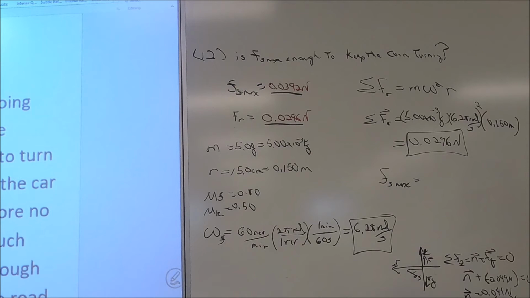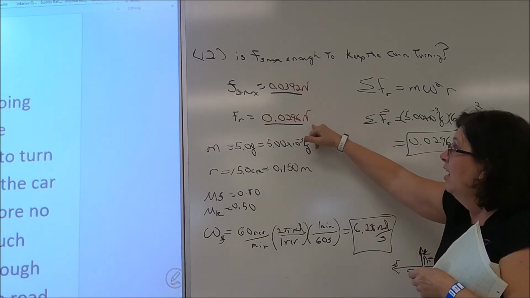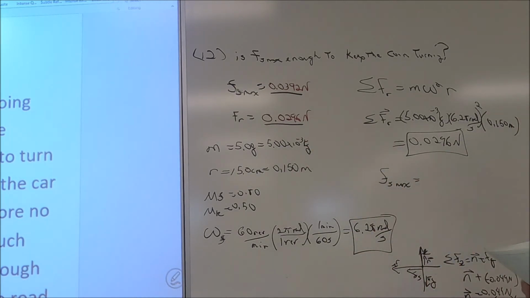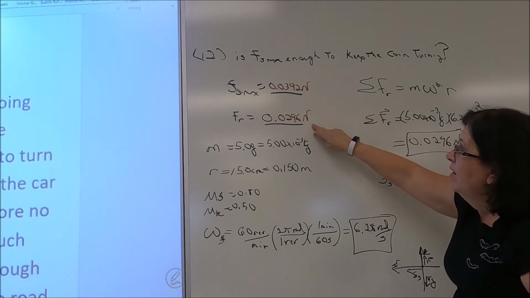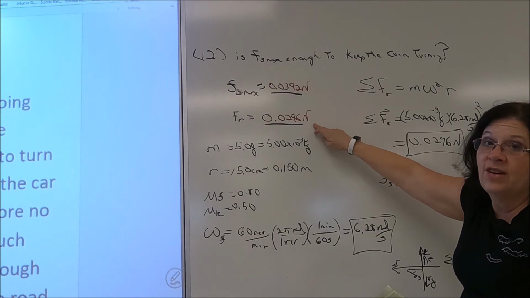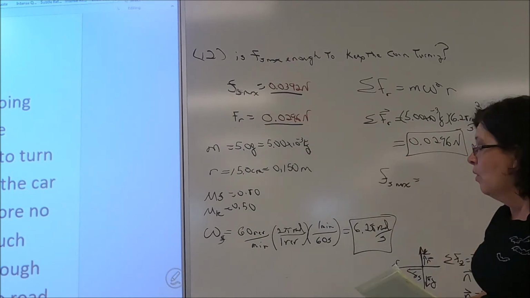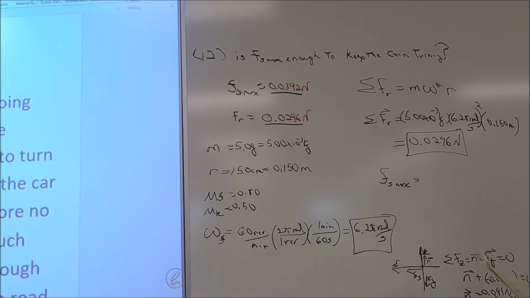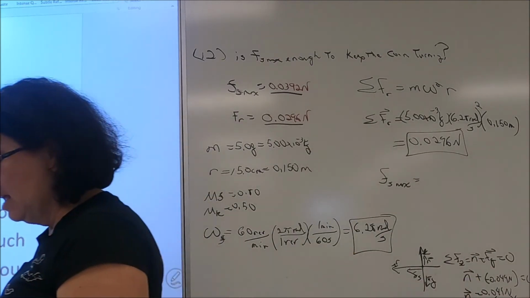As long as F sub s max is larger than the radial force needed to keep it turning, the coin is going to stay in place. And as we can see here, the maximum frictional force is larger than the force needed to keep it turning, so the coin will keep going around in circles on the turntable.